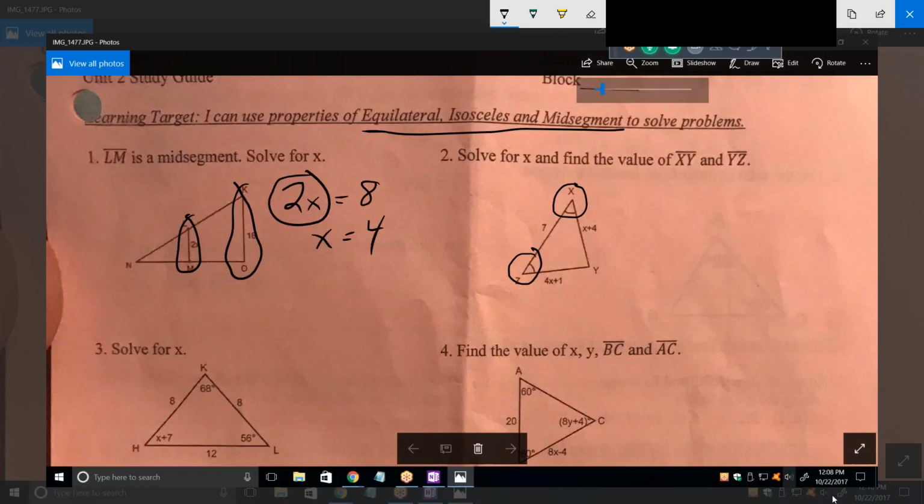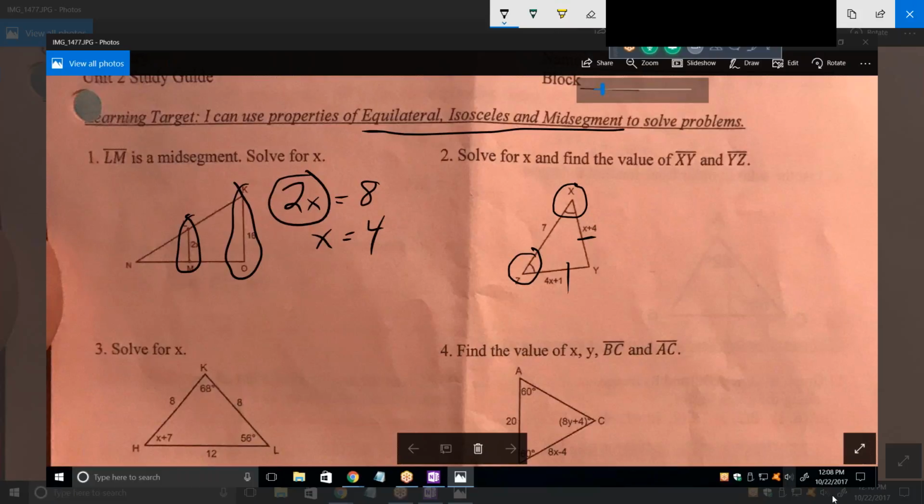Equilateral. Equilateral is all 3 sides are equal and all 3 angles are equal. And then isosceles. Correct. Isosceles means 2 sides only are equal, and it's the sides opposite those 2 equal angles. In other words, that side is equal to that side.